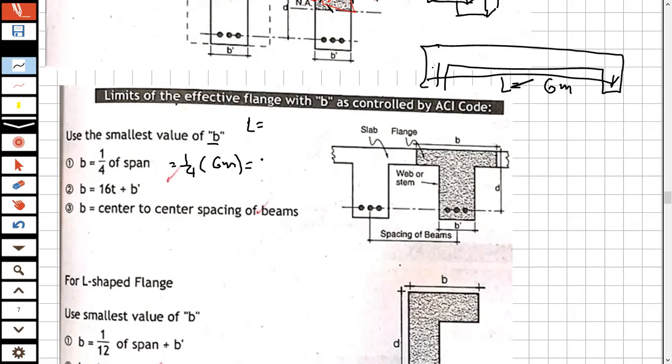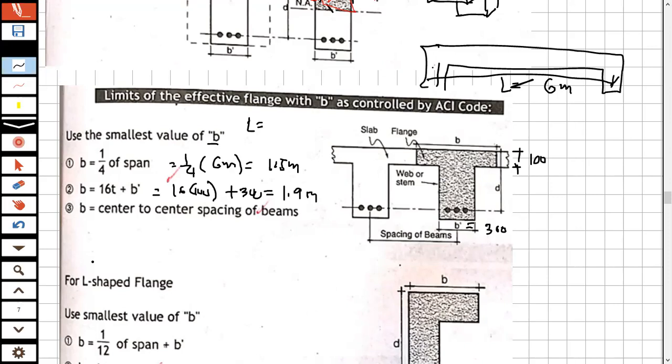Okay, that's 1.5 meter. The other one is 16T. T is the thickness of the slab. For example, the slab is 100, and halimbawa, B prime mo dito is 300. So let's see what is the value. 16 times 100 is 1,600 plus 300 becomes 1,900 or 1.9 meter.